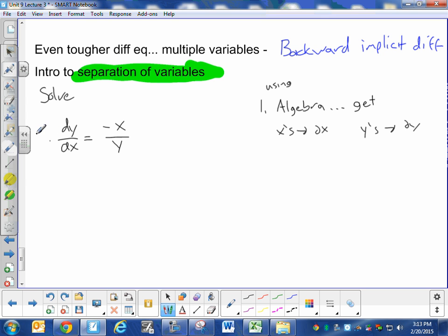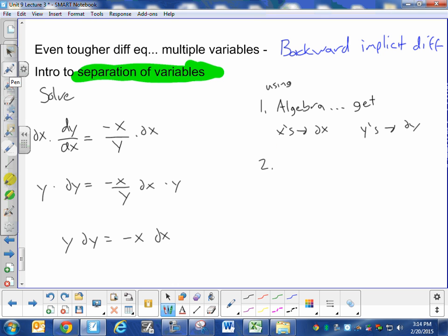Well, I can move dx by multiplying it on both sides, if you think of this as fractions, which it is. You have dy is equal to negative x over y dx. Well, I can move the y as well, multiplying both sides by y. So we get y dy is equal to negative x dx. Okay, that's step 1.